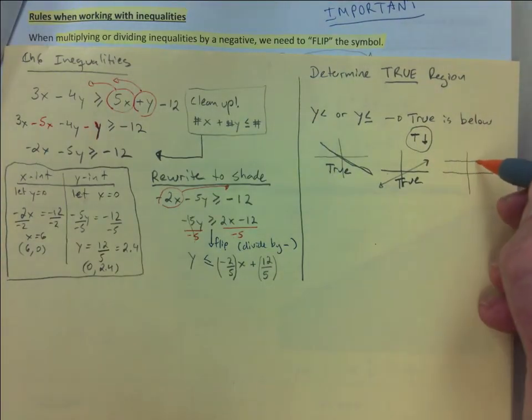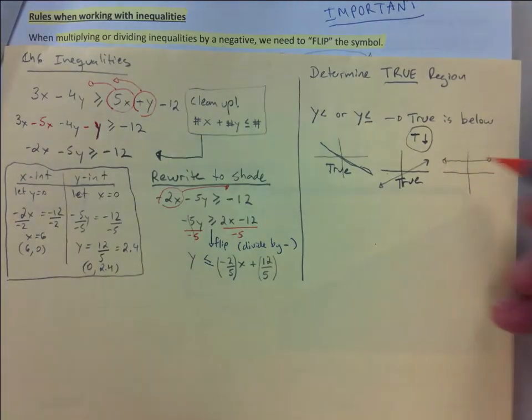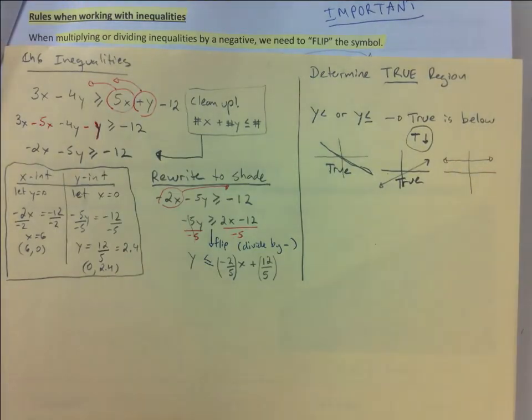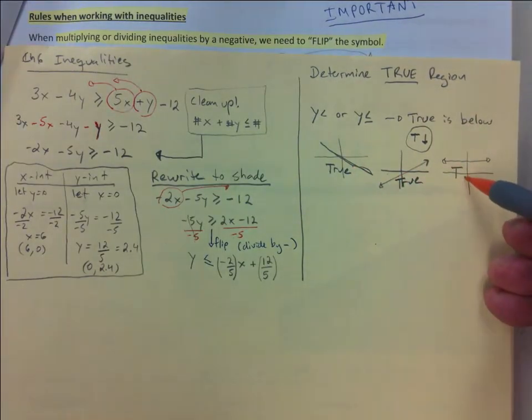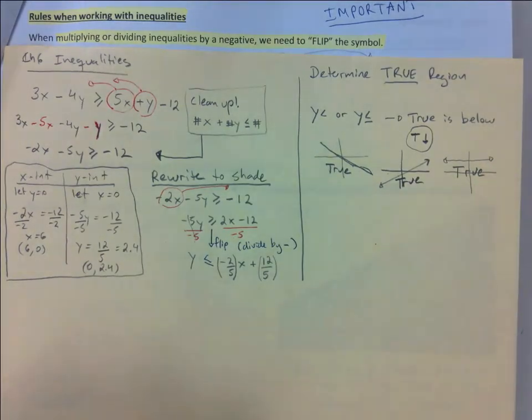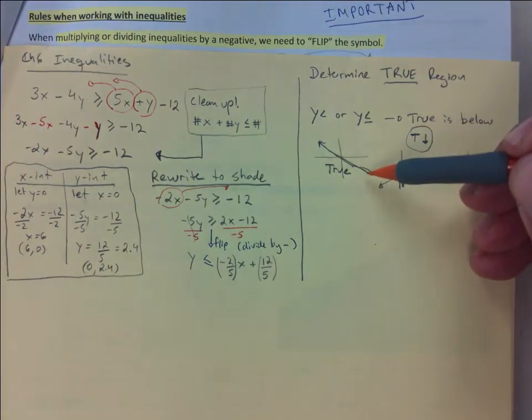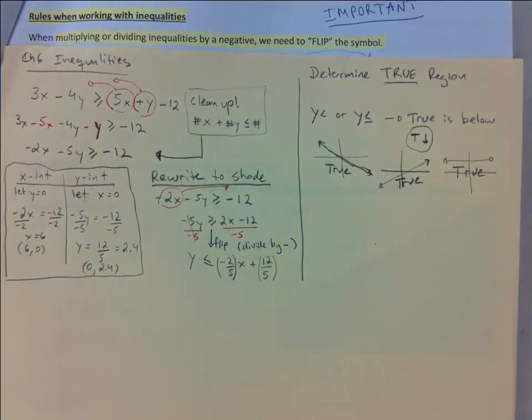There could be a horizontal line. And in every single one of these cases, true is below that line. So you might have one that drops from left to right, one that increases from left to right, and a horizontal line.